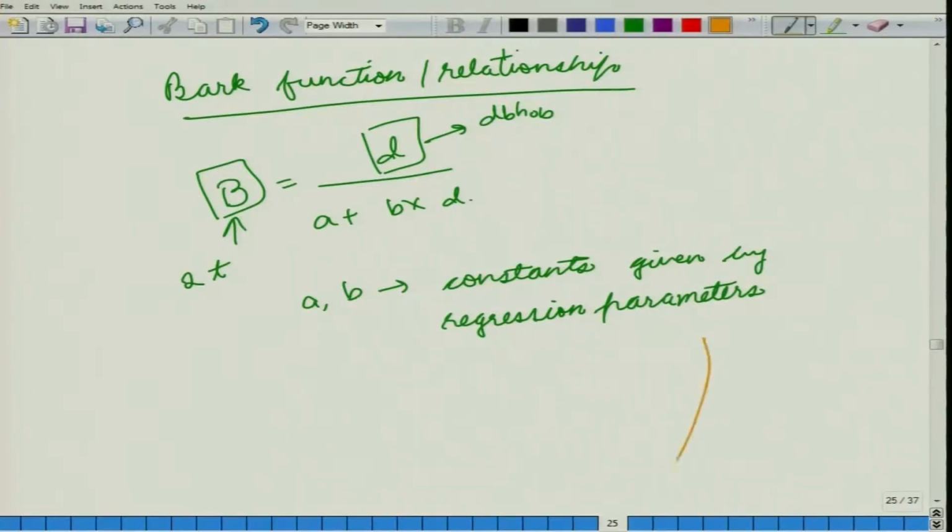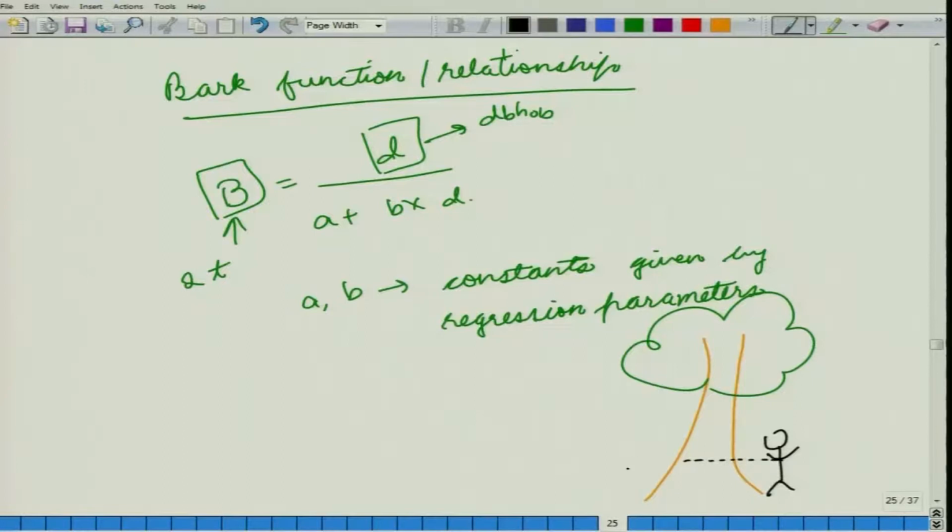So, if you remember what the breast height is, if you have a tree and you have an operator standing right next to the tree, breast height is roughly equal to the chest height. It is 1.37 meters in the case of Indian conditions, or it is 1.3 meters for some other countries, and at this height h equal to breast height, you measure this diameter, and you are measuring the diameter over bark.